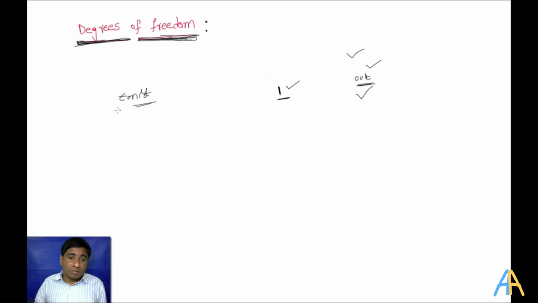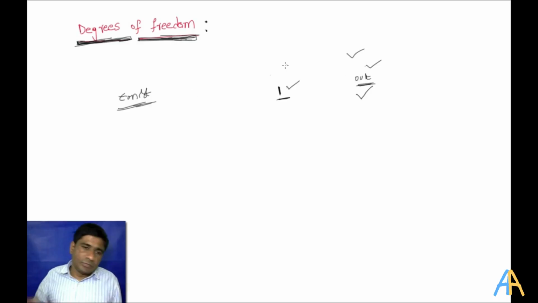But that is very cumbersome, and every time we cannot go for that. It takes a lot of time also. But instead, if you have a ready-made formula to calculate the degree of freedom of any mechanism, then it is easy to choose that particular mechanism for the required application.